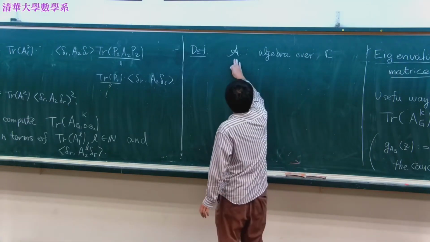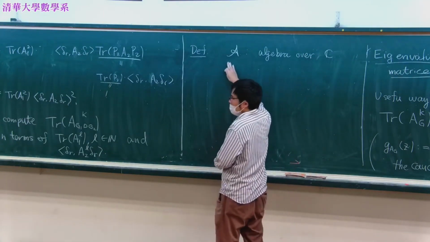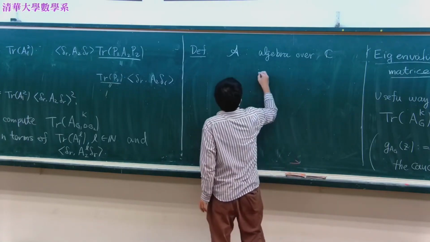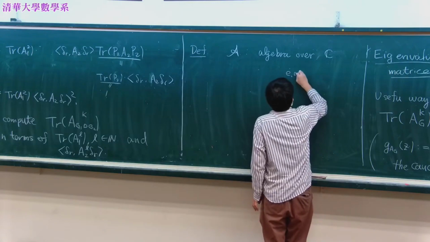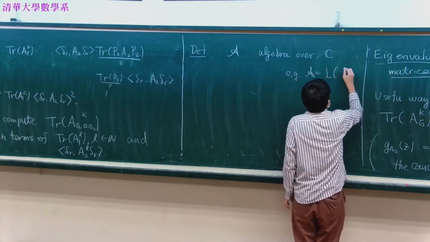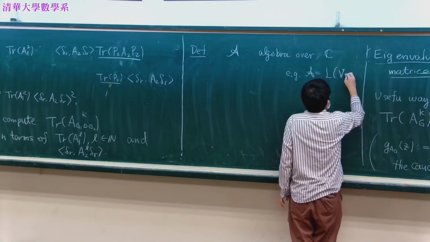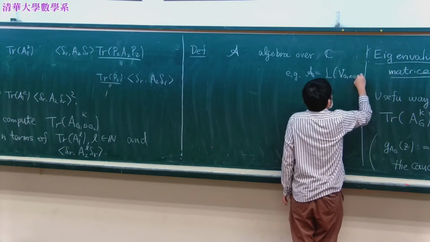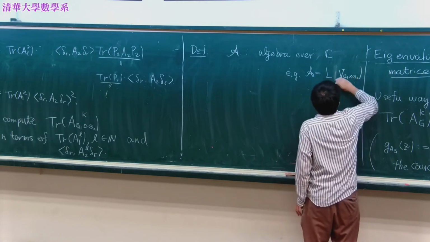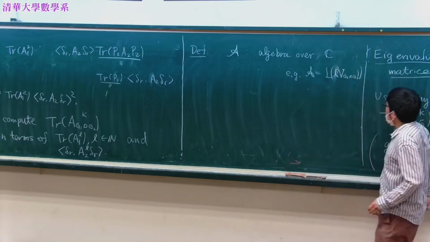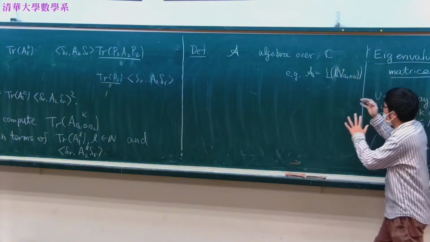This is supposed to be linear operators on the vertices, e.g. the function space on V of G1 times G2. This is an example.